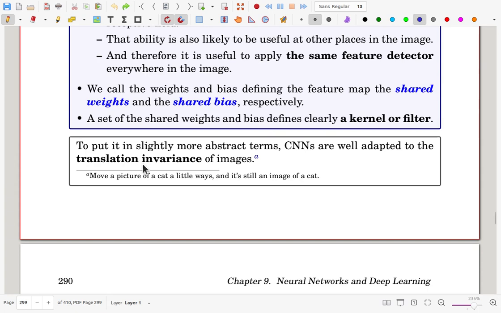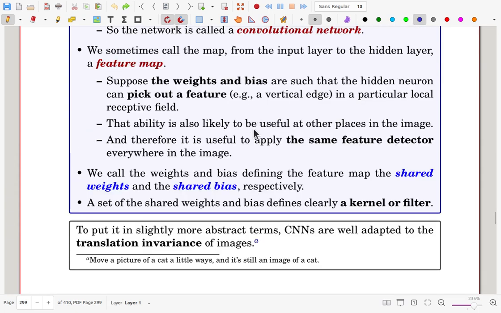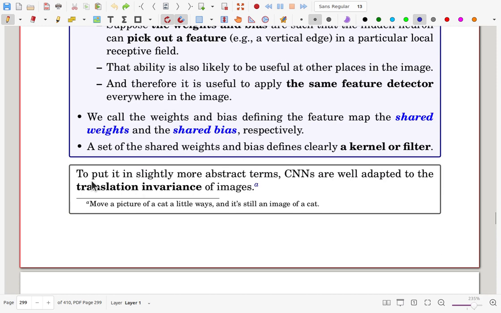And as explained, this is a sort of translation invariance, so it is well adapted to the translation invariance of images. Here, translation invariance means that if you move a picture of a cat a little bit to a different position, it's still an image of a cat, right?